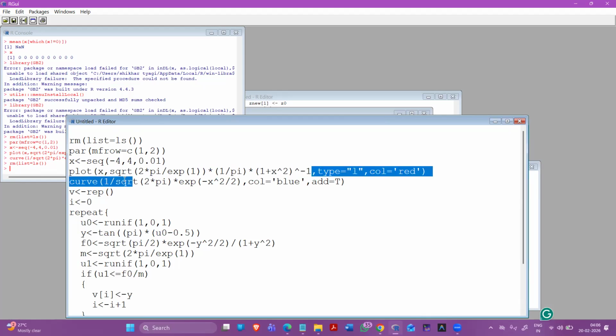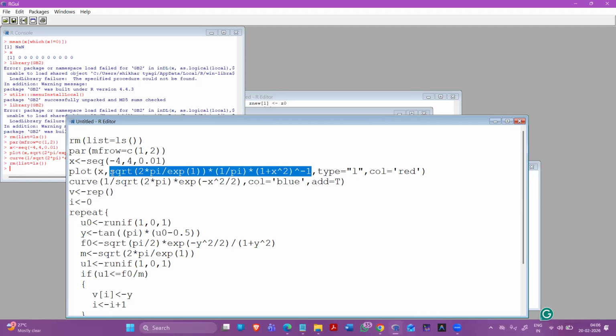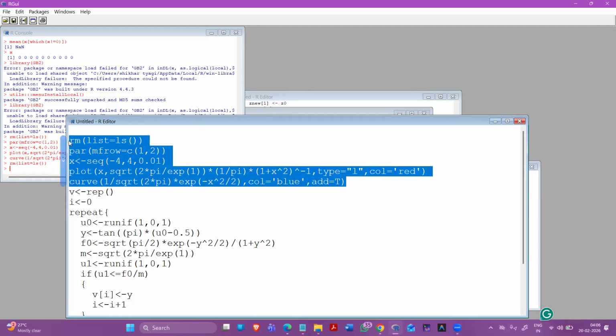That is my one density function. And after that, 1 upon square root of 2 pi into e raised to the power minus x squared by 2. That is my second density function, basically the standard normal distribution. I'm going to check whether they cover each other properly or not.